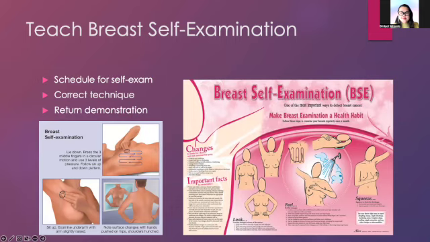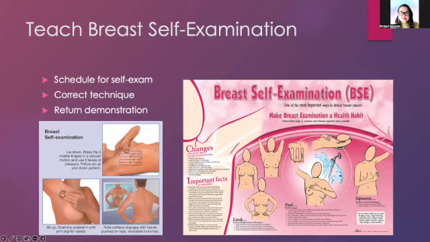When you are teaching self-breast exam, make sure that you have the patient lie down and press using their 3 middle fingers. They're using a very circular motion at 3 levels of pressure: very light palpation, a little bit deeper, and then all the way down if they can. You're following either an up-and-down pattern, or you're going from the nipple line out in each quadrant in a bike spoke pattern.